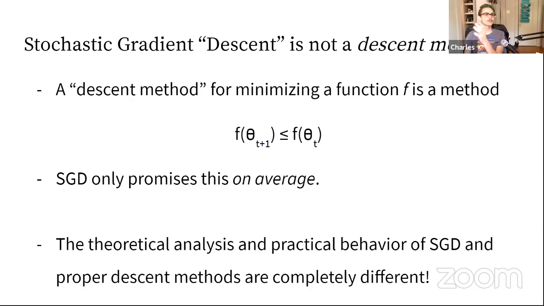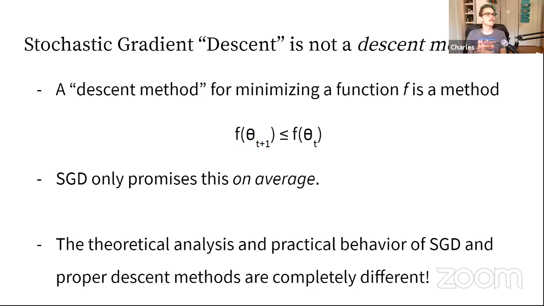So the reason why this is important is because if you actually look at the analysis of descent methods, how do we prove they converge? In what cases do they converge? What causes them to break? The theoretical analysis is just very different for descent methods and for something like SGD. They're completely different when you look at the details of the math.